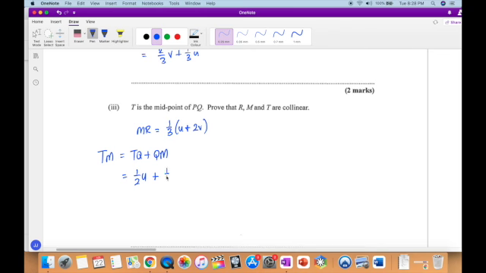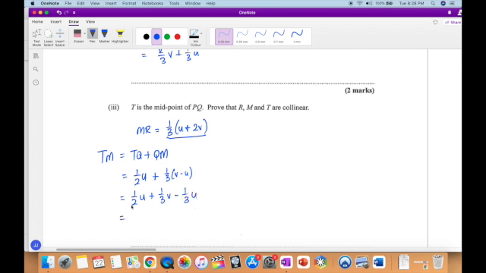Remember, we want to show that this and this are scalar multiples of each other. So let's work it out. This is going to be 1/2 u plus 1/3 v minus 1/3 u.